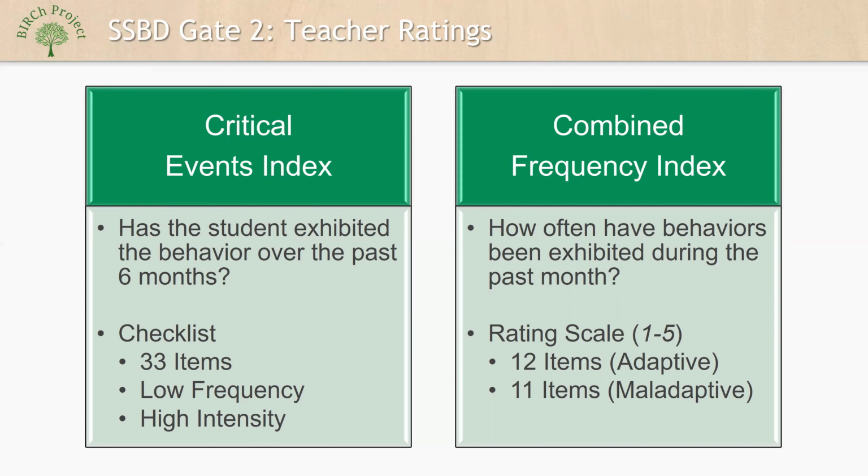Overall, the teacher is rating how often these behaviors have been exhibited by the student in the past month. So the teacher fills out both of these measures for each student who's passed into this phase. Then, based on criteria on both of these measures, which I won't get into the specific details right now, if a student meets criteria on these measures, then that student passes through this gate into the next phase.